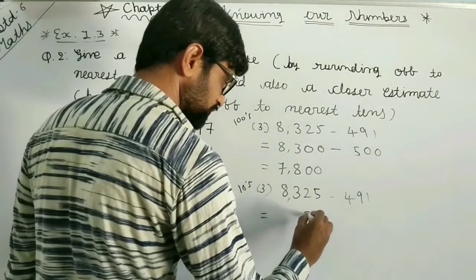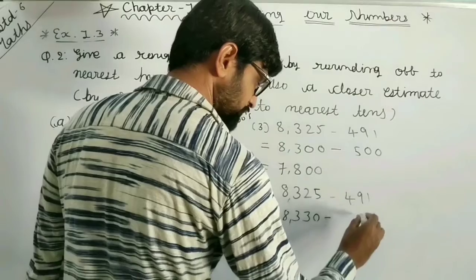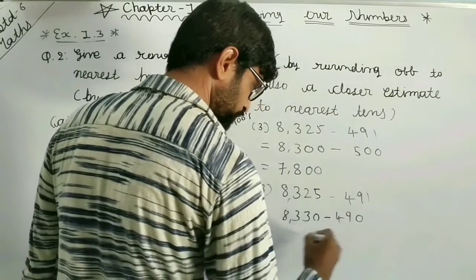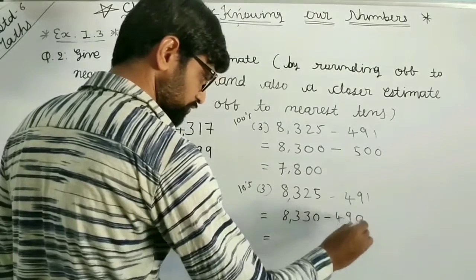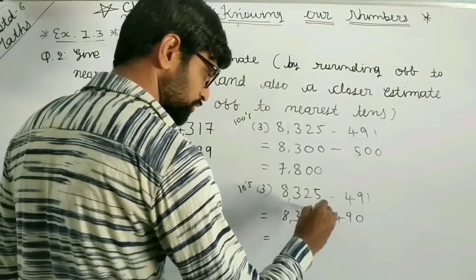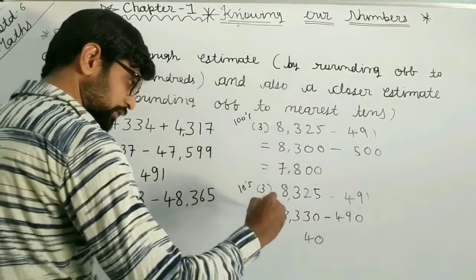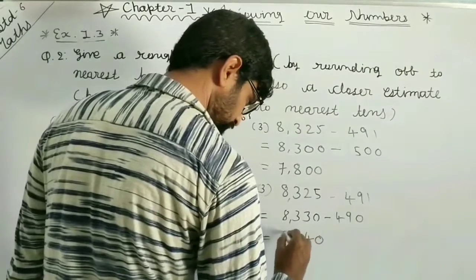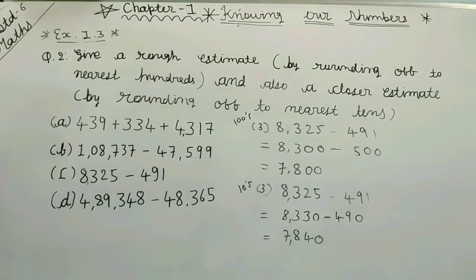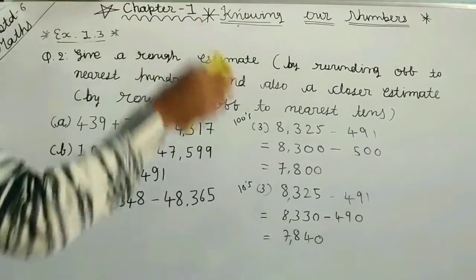We have to add 1, 3. Here 3 remains the same. Minus 9 also remains the same. Now subtract the amount. 0 minus 0, 0. 3 minus 9 not possible. 2, 13 minus 9, 4. 2 minus 4 is not possible. 12 minus 4 is 8 and here 7. So your answer will be 7,840.